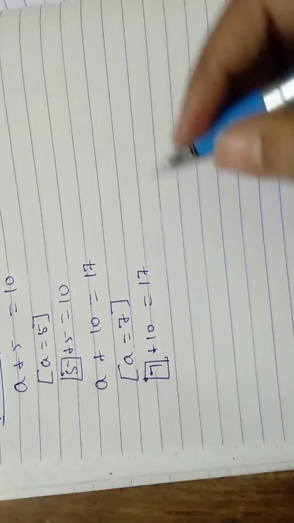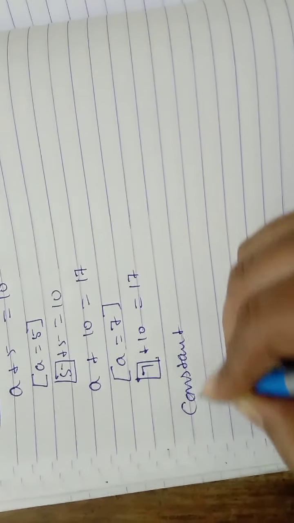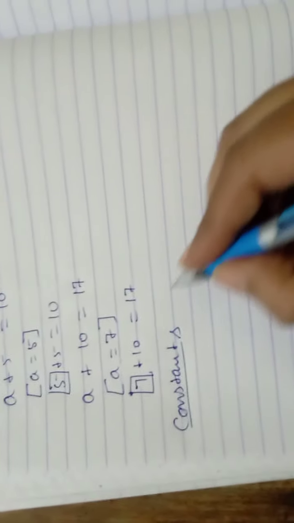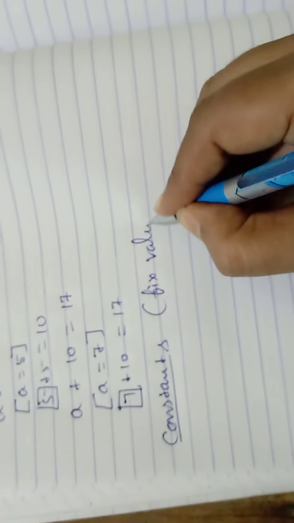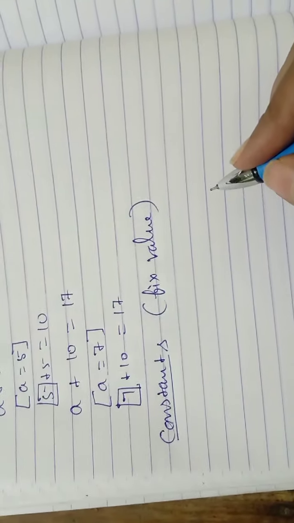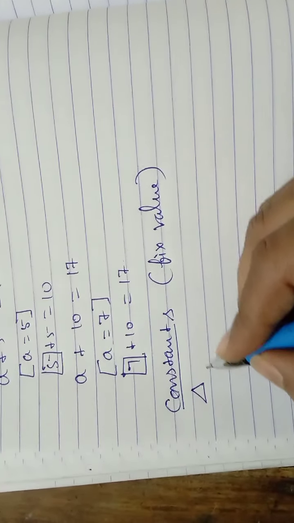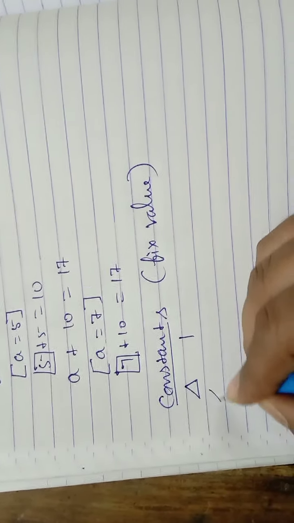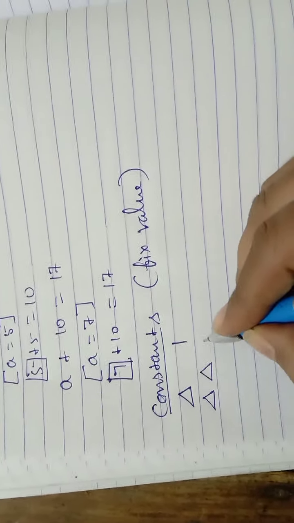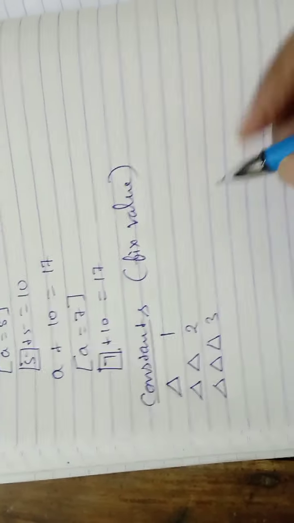Now moving to the constant. A constant means any symbol which has a fixed value. Suppose I draw a symbol, this is a triangle. How many triangles? 1, 2 triangles, 3 triangles.